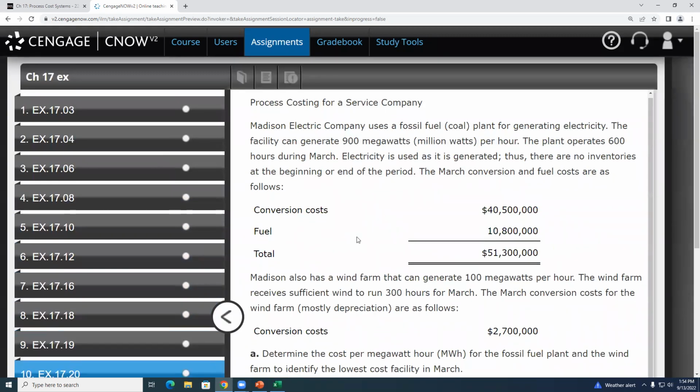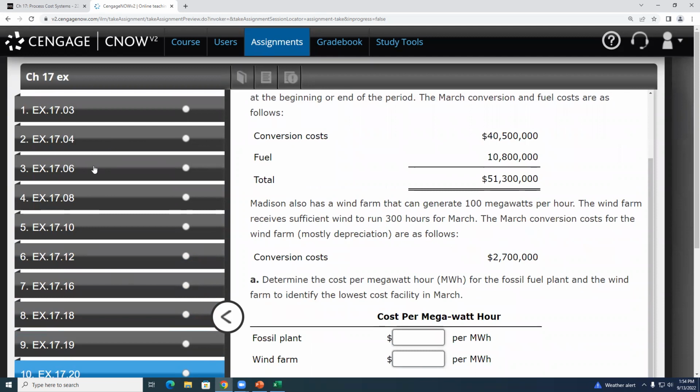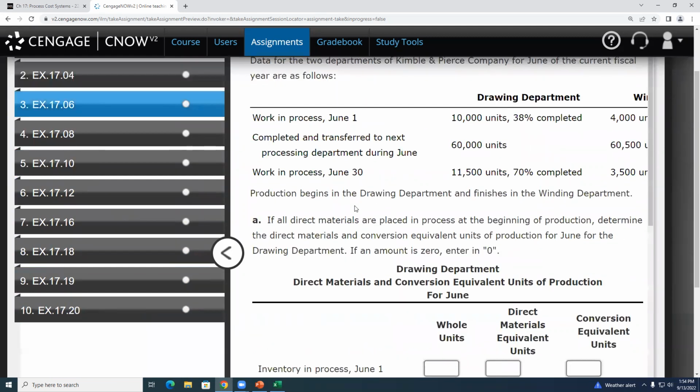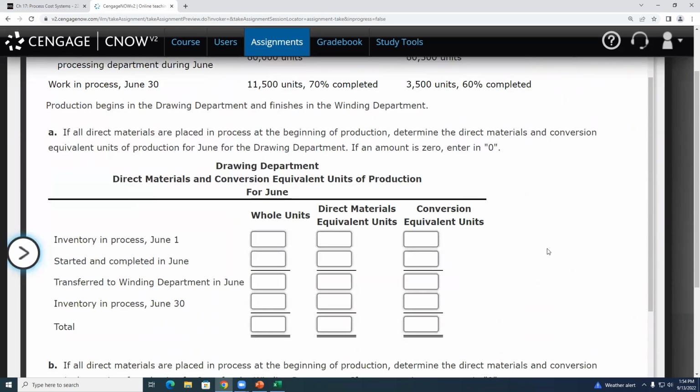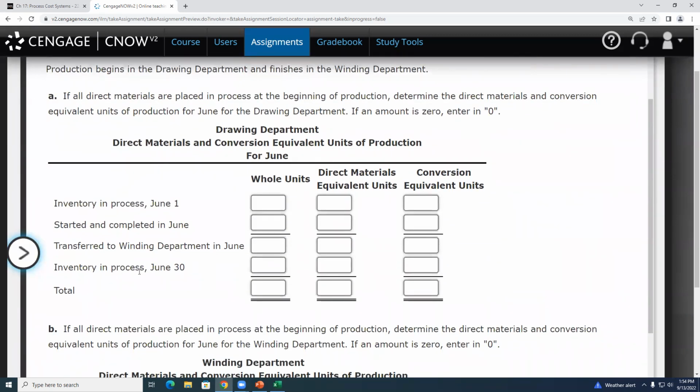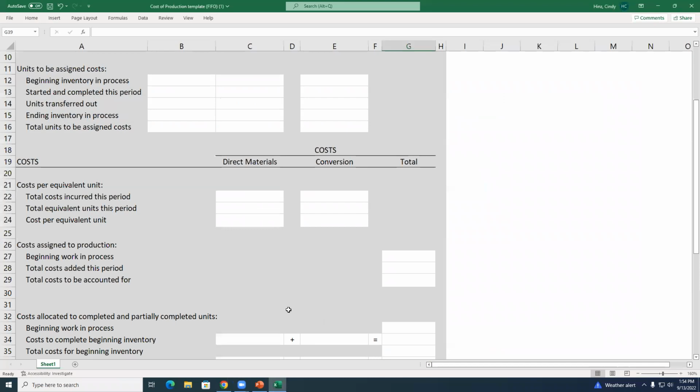They're in exercise 10 as well. So this is a topic that flows through the rest of the chapter. If you look at the template that's provided here in part A, we go over here to the Excel template.